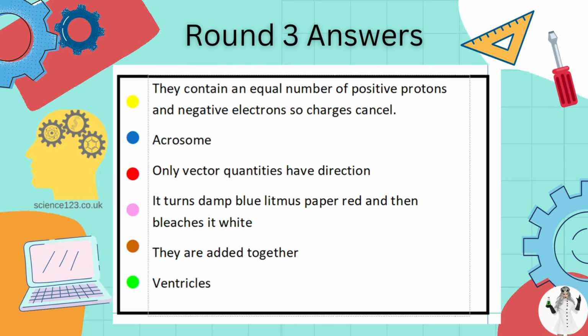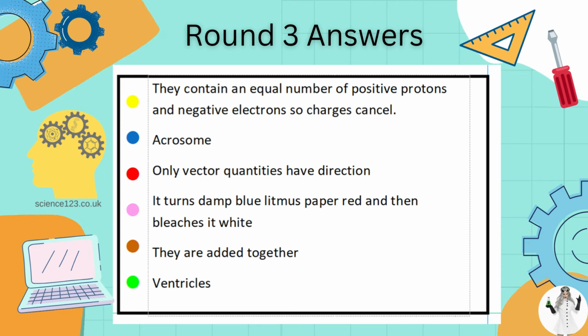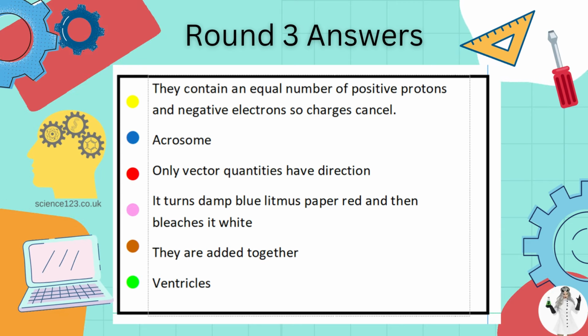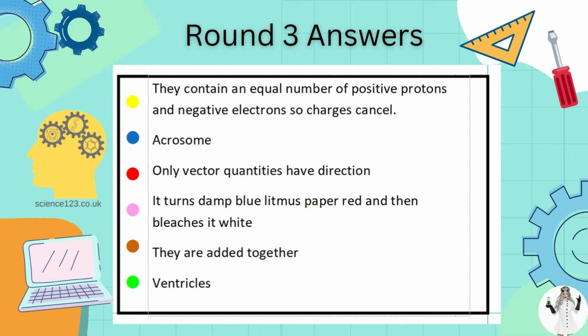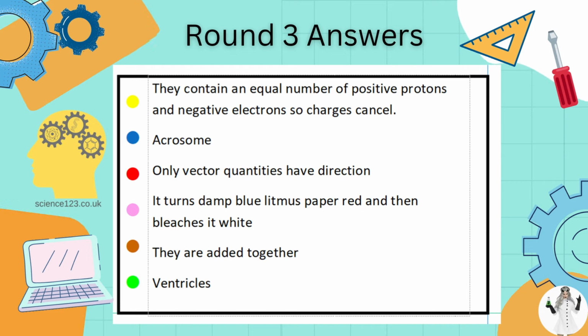Atoms are neutral overall as they contain an equal number of positive protons and negative electrons, so charges cancel. The organelle that covers the head of a sperm and digests the coating of an egg cell is called an acrosome. The difference between a vector and scalar quantity is that only vector quantities have direction.